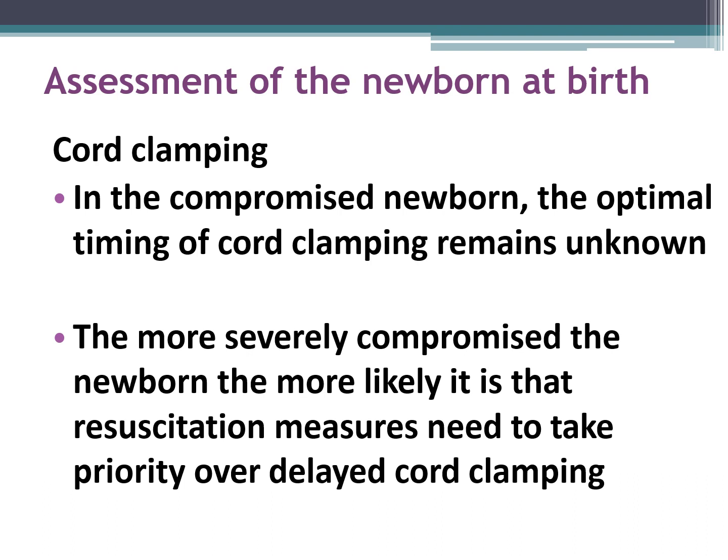The more severely compromised the newborn, the more likely it is that resuscitation measures need to take priority over delayed cord clamping. We know that if the brain cells are not getting oxygen for even a few minutes, brain cell death will occur and it will affect the entire baby. So we should resuscitate the baby. That should be the first priority.